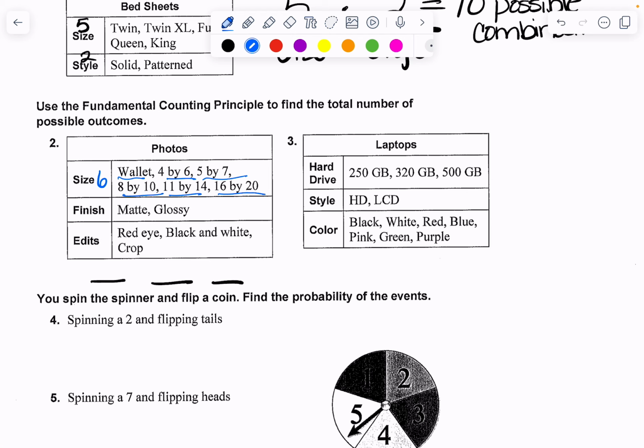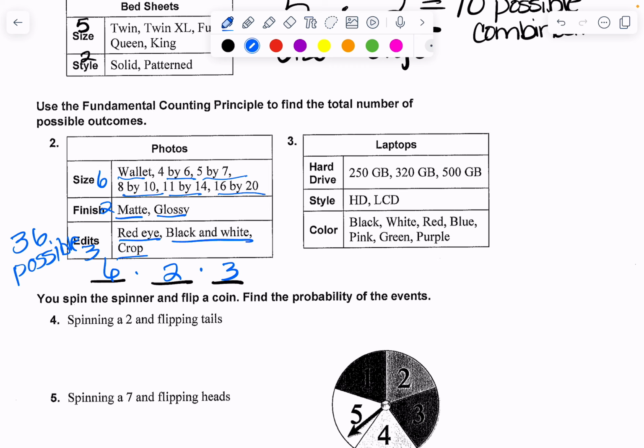For the finish, I can get matte or glossy, so I have 2 possibilities there. And edits, I have red eye, black and white, or crop, so there's 3 different types of edits. So I have 6, 2, and 3, and if I multiply those all together, 6 times 2 is 12, times 3 is 36. So there's 36 possible combinations or outcomes for the way that you could order your pictures.